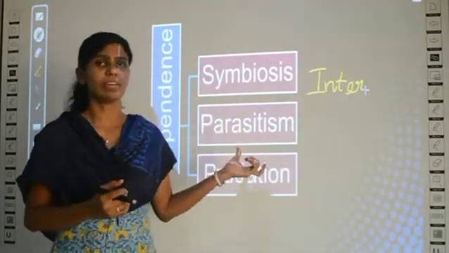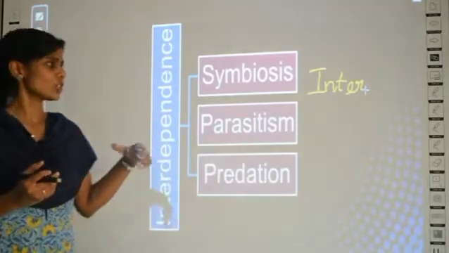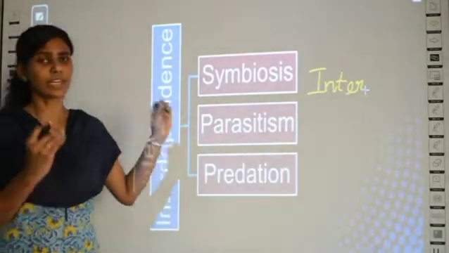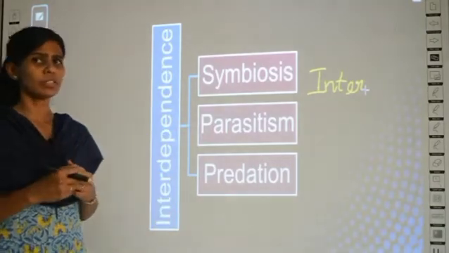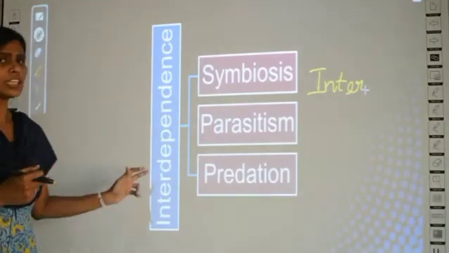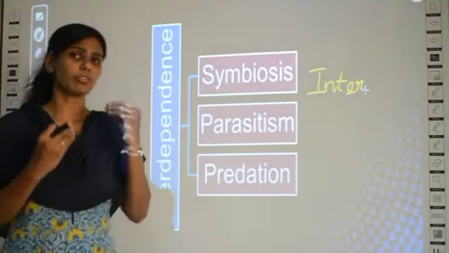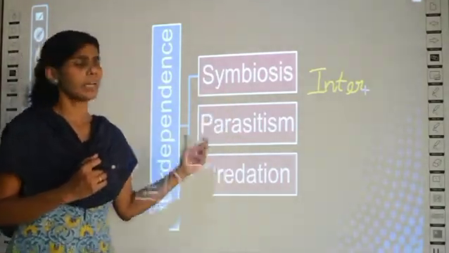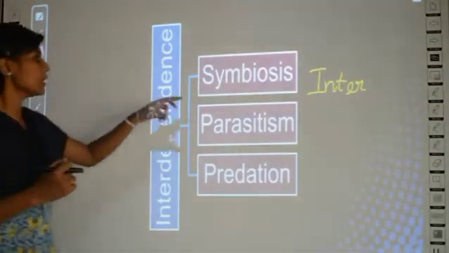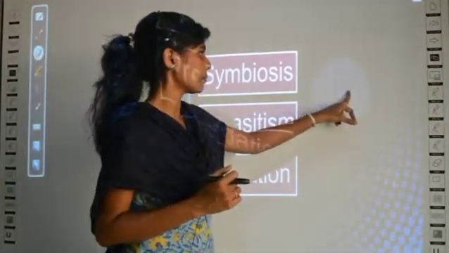That's why they have different terms, no? But in all the relationships, the relationship is between at least 2 organisms, or many also. So interdependence between organisms is of 3 types called symbiosis, parasitism and predation. We learn about these relationships in detail.